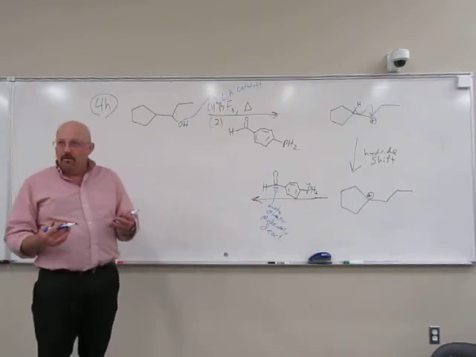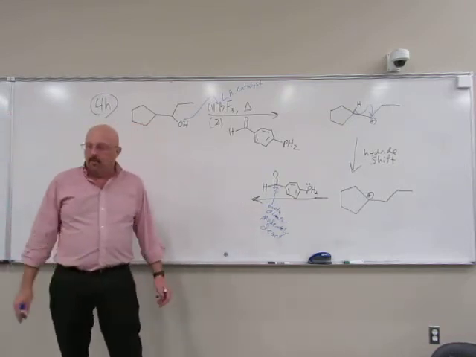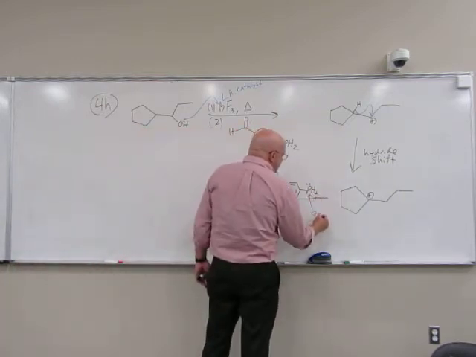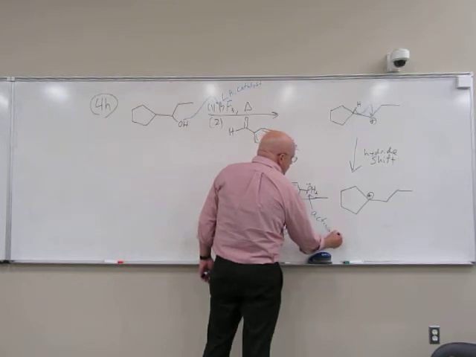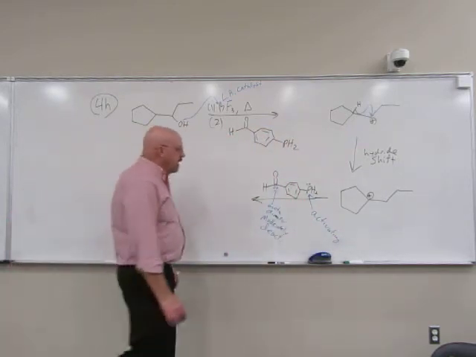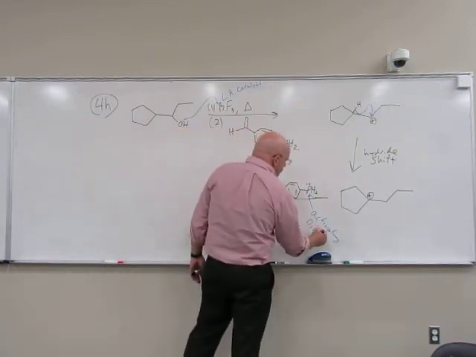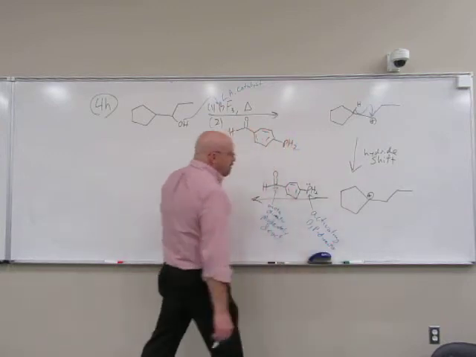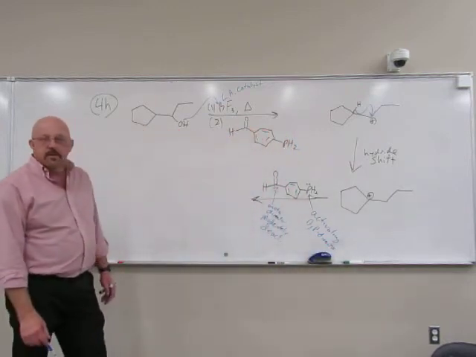Any activating group is going to beat a deactivating group. This is some type of activating group. I'll just say activating. It's either going to be moderately or strongly activating. It's an ortho-para director because it's got a lone pair of electrons. So that one wins.